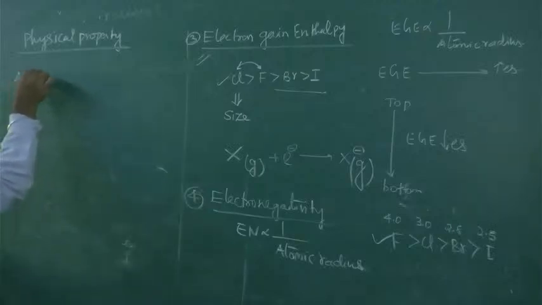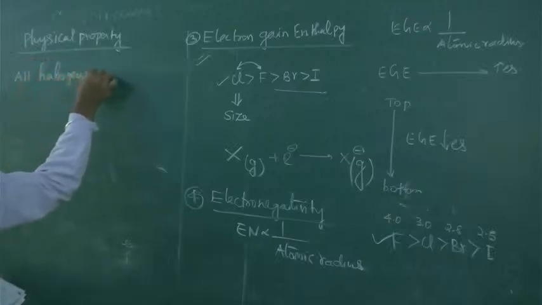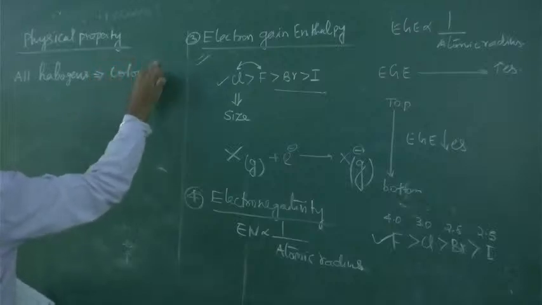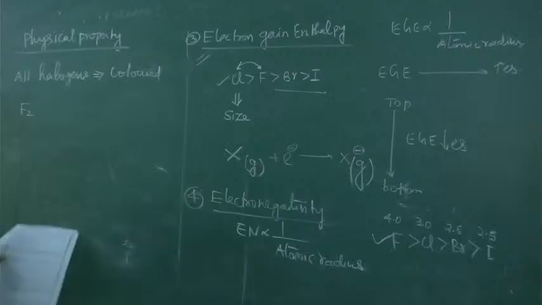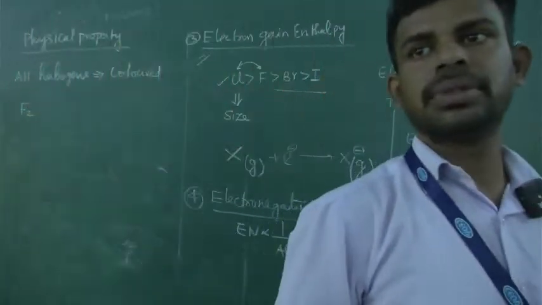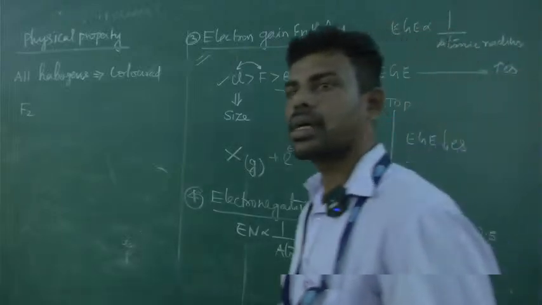The first point is that all halogens are colored. Is it clear? For example, F2. Halogens always exist as diatomic molecules. Is it clear? Yes or no?